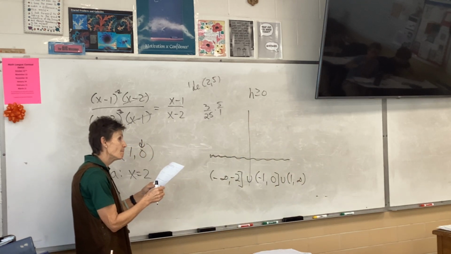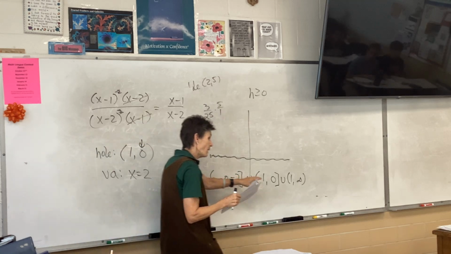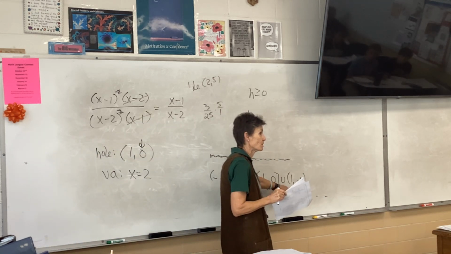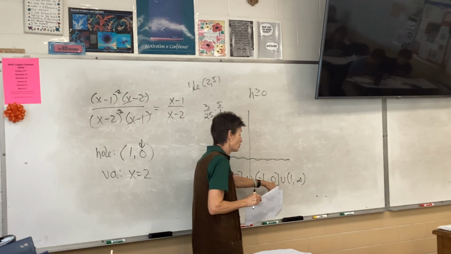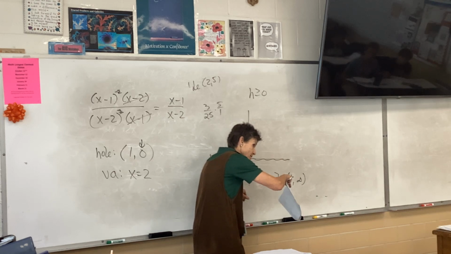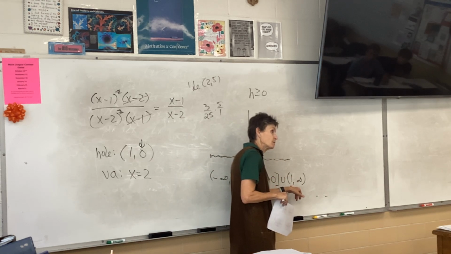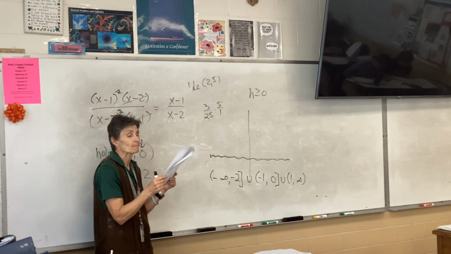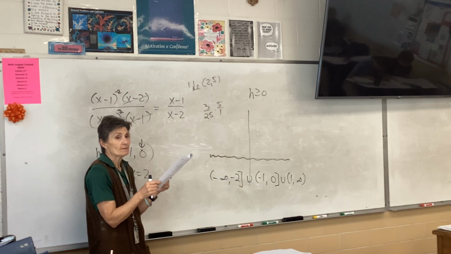Should the 1 be a closed bracket? Yeah, it's gotta be open because 1 is actually a vertical asymptote. These guys are closed because they're zeros. They're x-intercepts. That is an asymptote, never gonna be a vertical asymptote. Oh, yeah. All right, these are great questions.